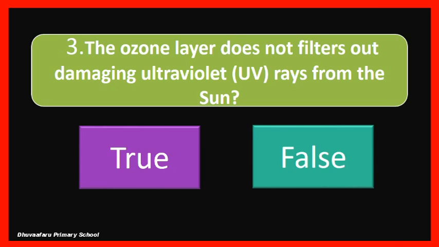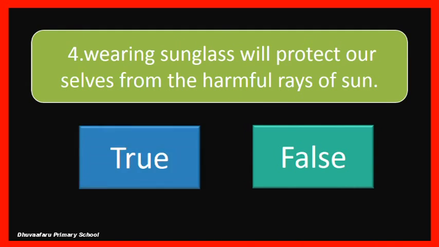Question 3. The ozone layer does not filter out damaging ultraviolet rays from the sun. True or false? Question number 4. Wearing sunglasses will protect ourselves from the harmful rays of the sun.